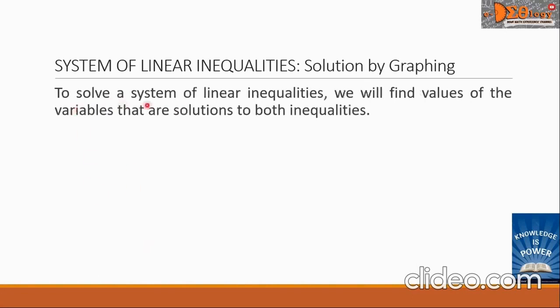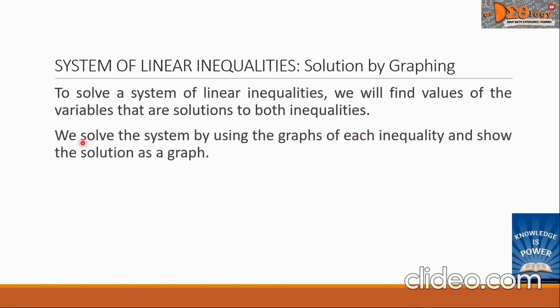To solve a system of linear inequalities, we will find values of the variables that are solutions to both inequalities. We solve the system by using the graphs of each inequality and show the solution as a graph.